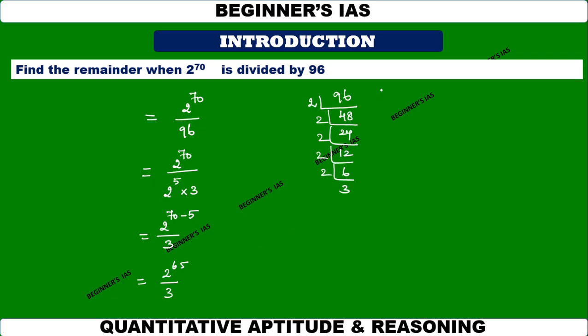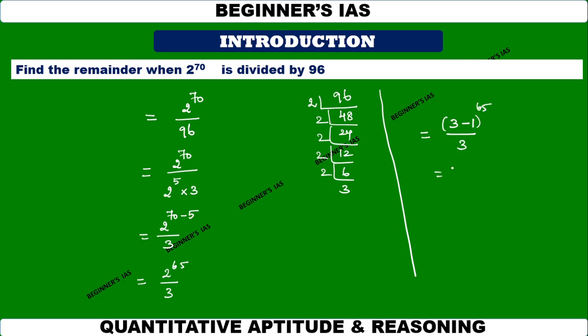Now learn the concept here. This can be written as 3 minus 1, since we need to adjust the numerator with respect to the denominator. The denominator is 3. That is why I am adjusting 3 minus 1, which leaves the answer as 2. I am just adjusting 2 as 3 minus 1. Here we have 3 minus 1 the whole power 65.